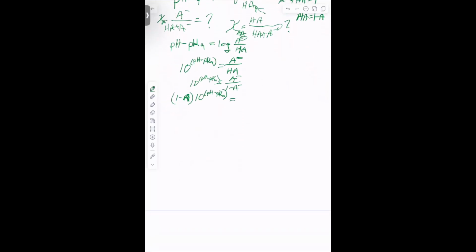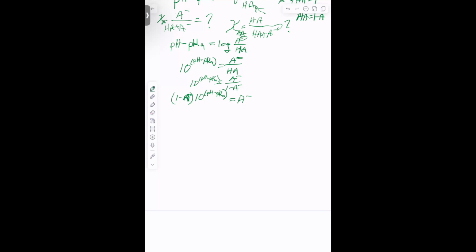And that's equal to A minus. Now, the trick here is I want to get A minus on one side and everything else on the other side. And I've got A minuses right now on both sides. So I'm going to distribute this 10 to the pH minus pKa.